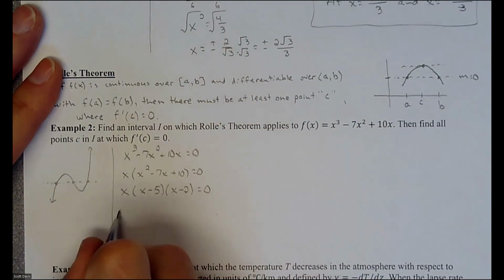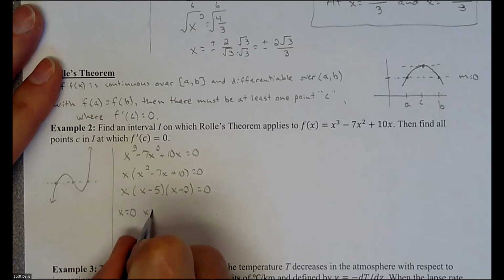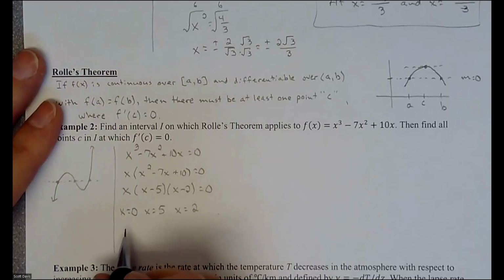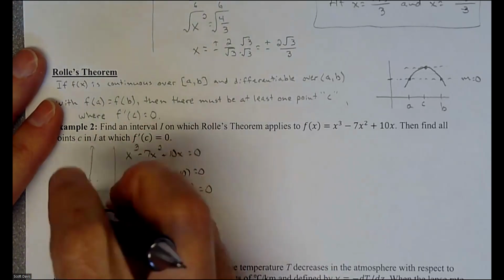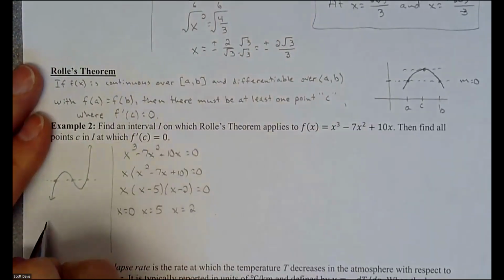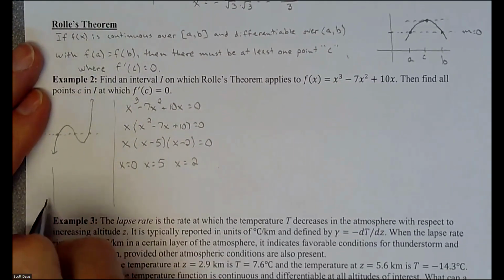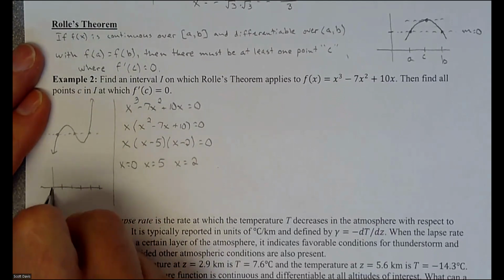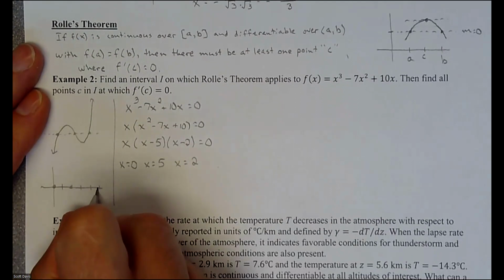And then each of these are going to give us solutions of 0, 5, and 2. So if I draw a little bit more accurate graph, we're looking at 1, 2, 3, 4, 5. And I have x-intercepts here, here, and here.